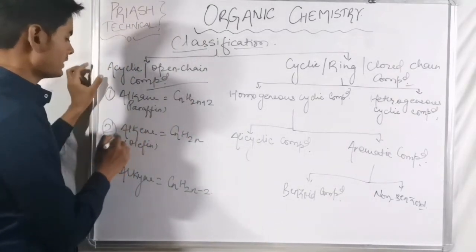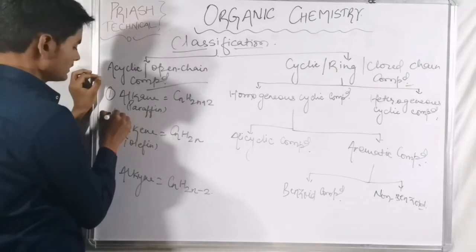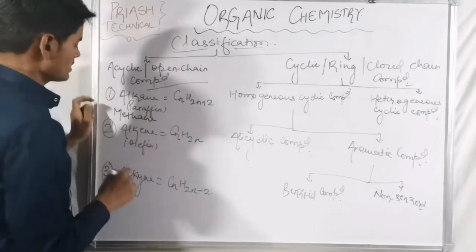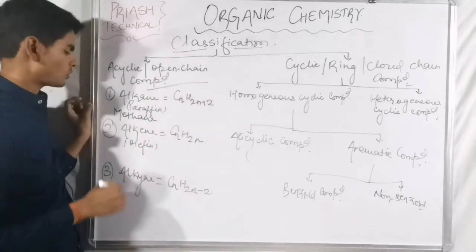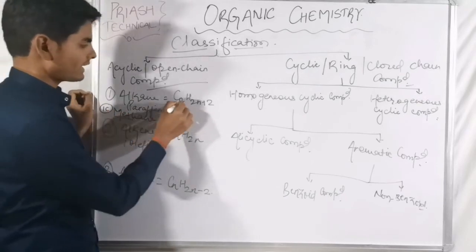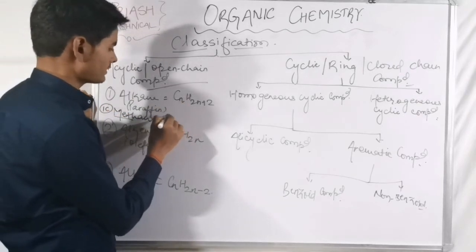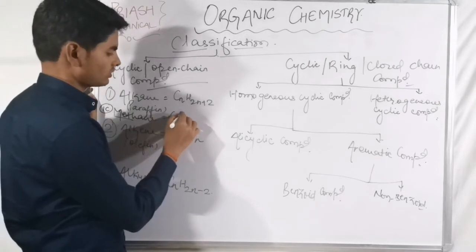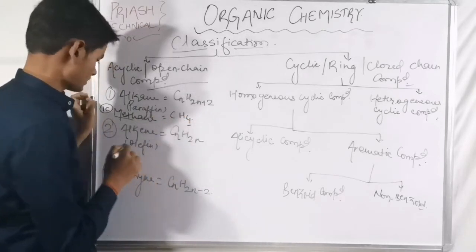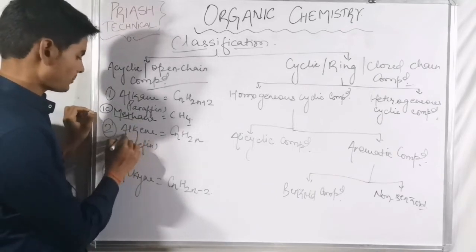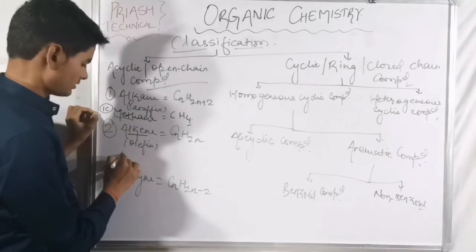Here alkane, that is methane. Meth means one carbon. Put in the formula n equal to 1, we will get CH4. Again, an example of alkene is ethene.